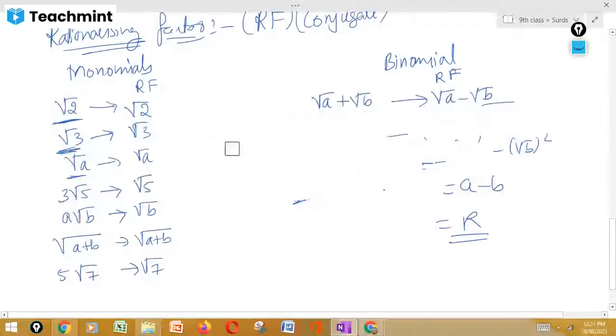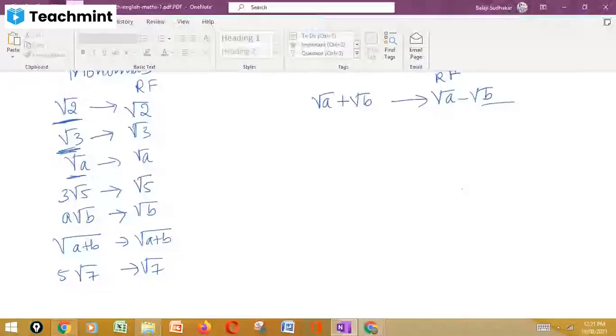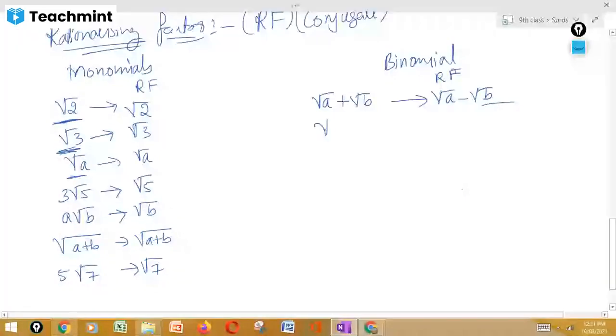Okay, let us take a few more examples. Suppose you have another example like root 6 minus root 3, what will be its RF? Root 6 plus root 3, very good, Appigoda.